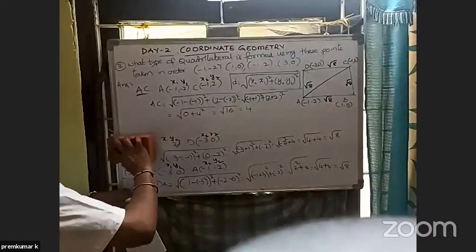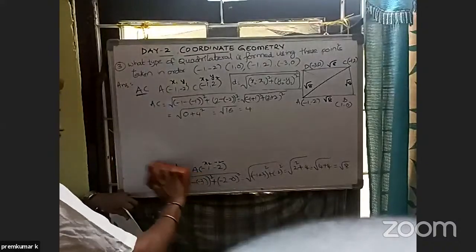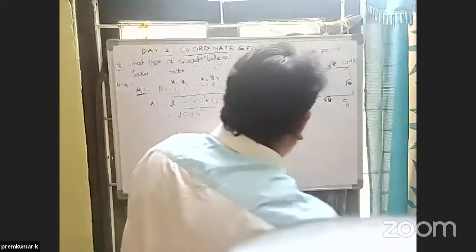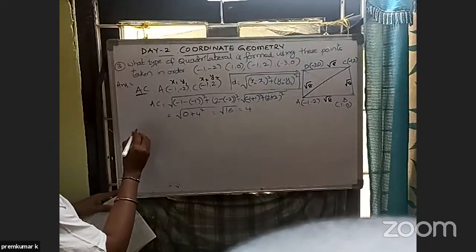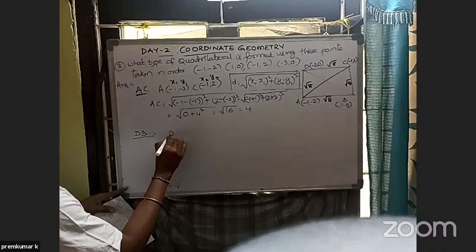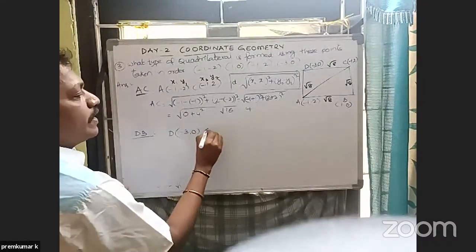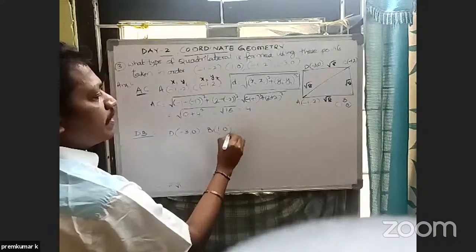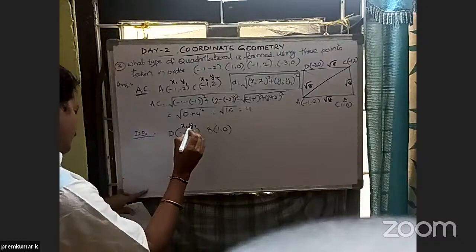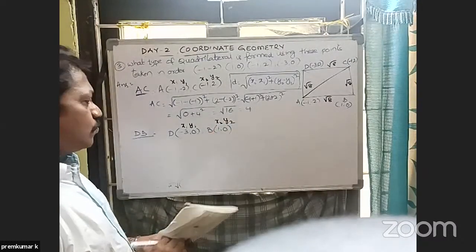Now I am rubbing this one. I hope children will note down this topic in your notebook and go for DB. What is D value here? D is (-3, 0) and B is (1, 0). Take this as x1 and y1 and this is x2, y2.